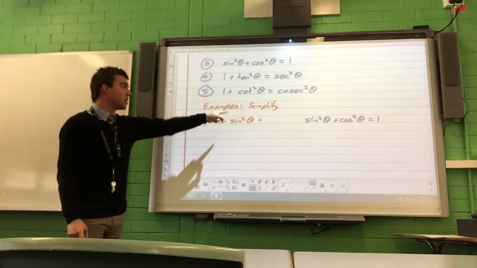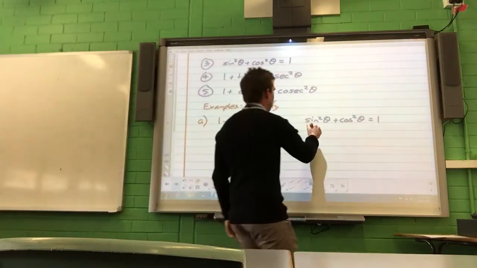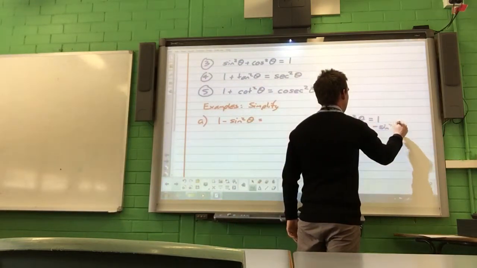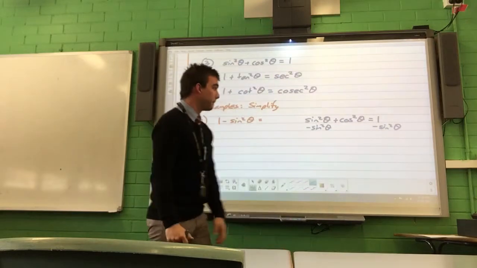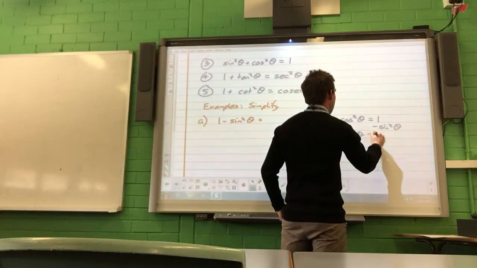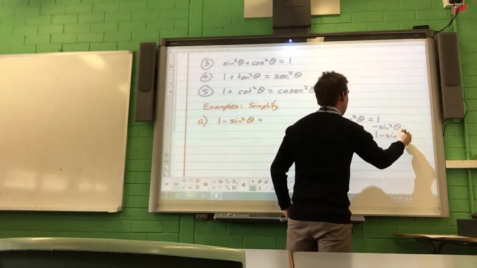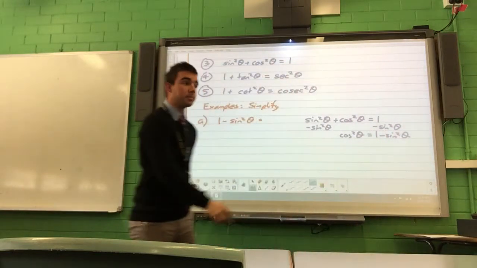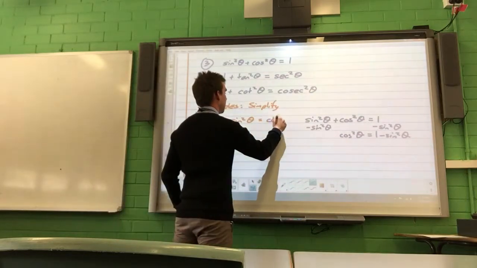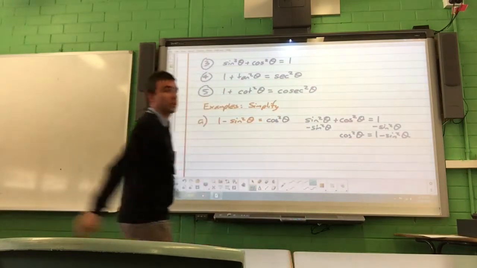Now I need 1 take away sine squared theta, so if I subtract sine squared theta on both sides, I'm left with cos squared theta is equal to 1 minus sine squared theta. So 1 take away sine squared theta is cos squared theta.